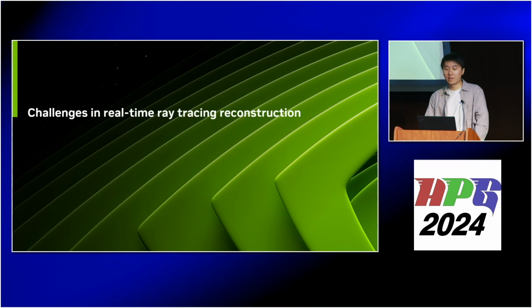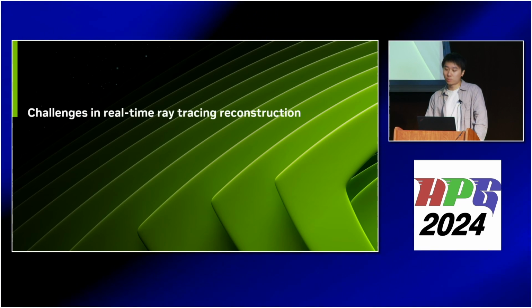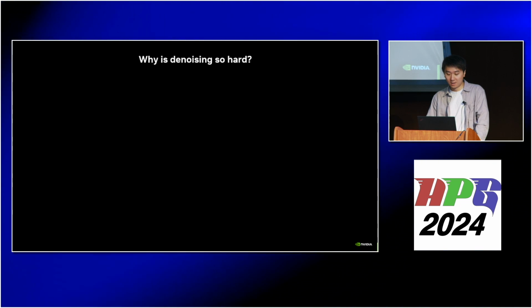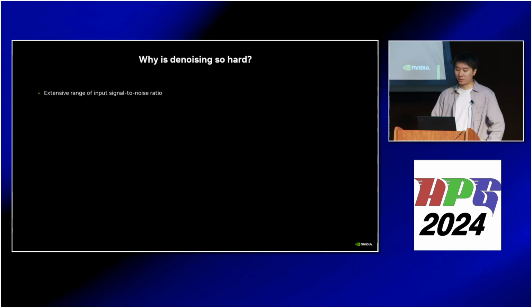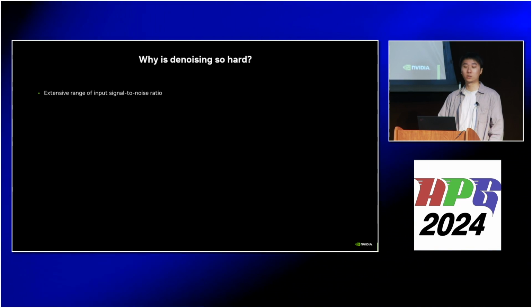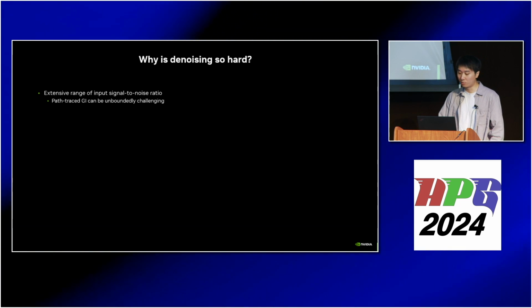Okay, so in the next section, I'll try to provide a high-level overview of why this is such a hard problem that it justifies deploying an AI model for it. So why is denoising so hard? I think one of the big reasons is that the input signal to noise ratio in the input buffer can be extremely wide. On one hand, we have path trace global illumination.